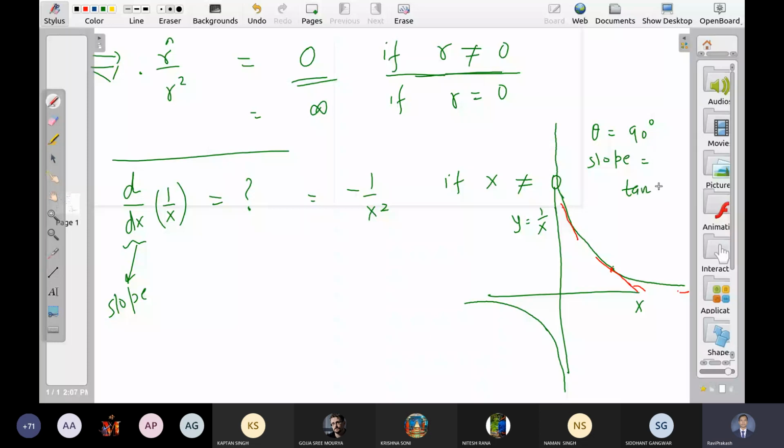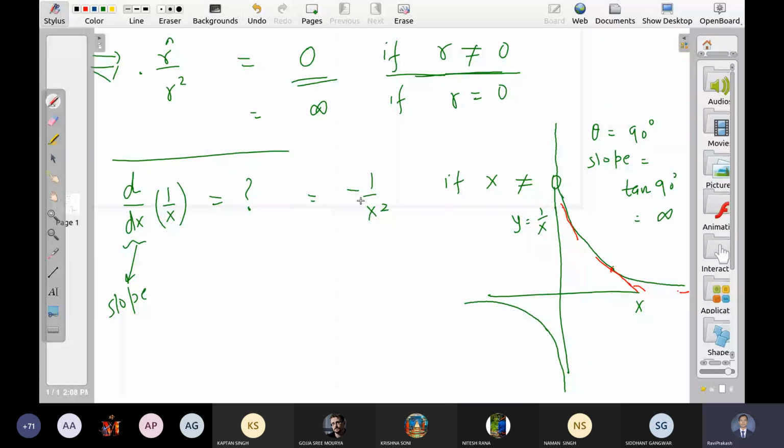Tan of 90 degree is equal to, and what does this derivative tell you? Put x is equal to 0, you are getting minus infinity. So you can see this derivative is not going to work when x is equal to 0.